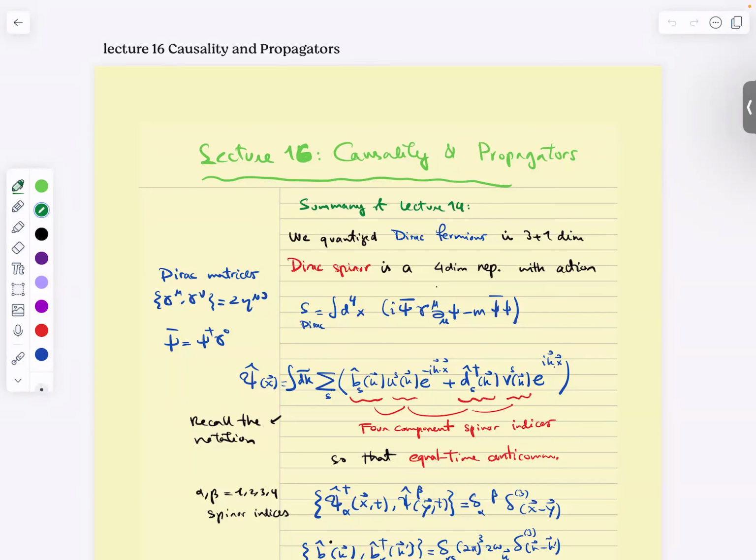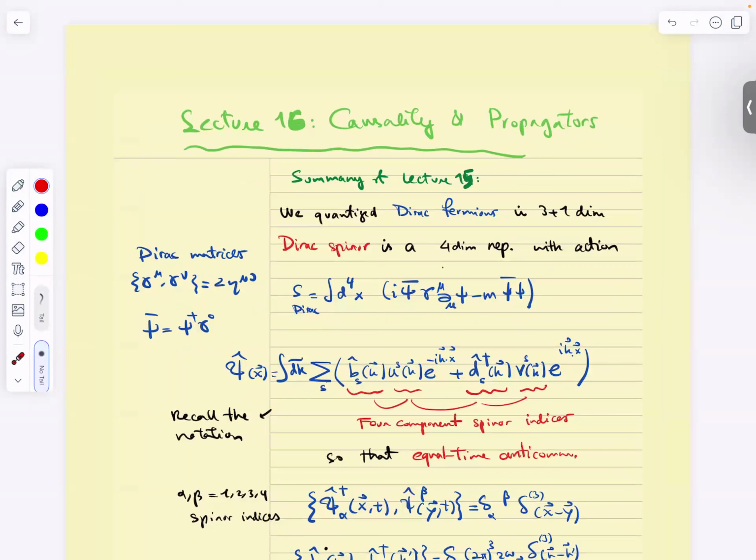All right. But coming back to today's lecture, let's start with a summary of lecture 15. What did we do last time? We quantized the Dirac fermion in 3+1 dimensions. A Dirac spinor is a 4-dimensional representation. Here is the Dirac action. This is the Dirac mass. And this notation is somewhat compact. Psi bar is psi dagger gamma naught.